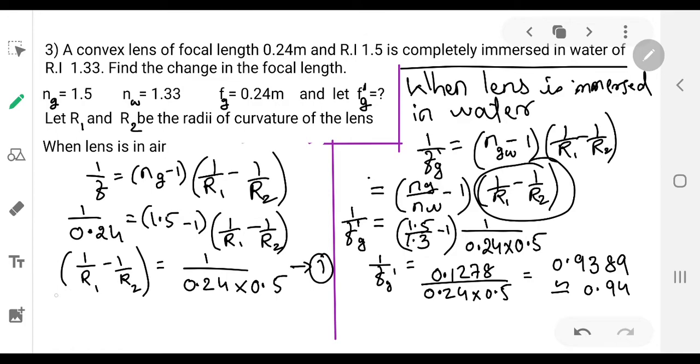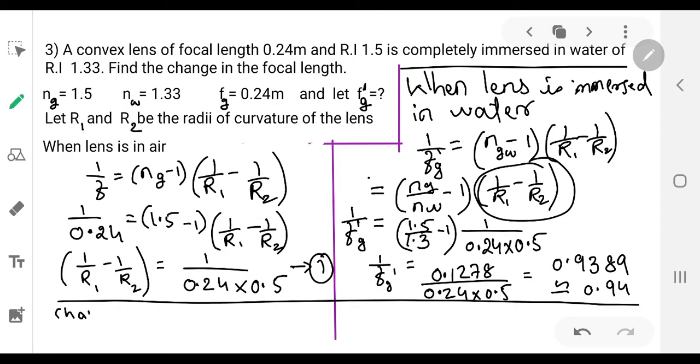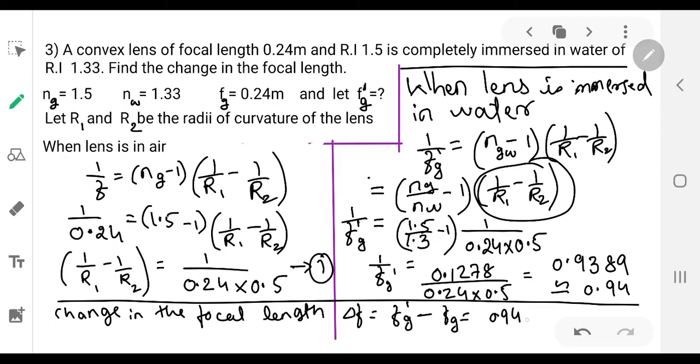How do you write the change in the focal length? The change in focal length, delta f = f'g - fg = 0.94 - 0.24 = 0.7 meter.